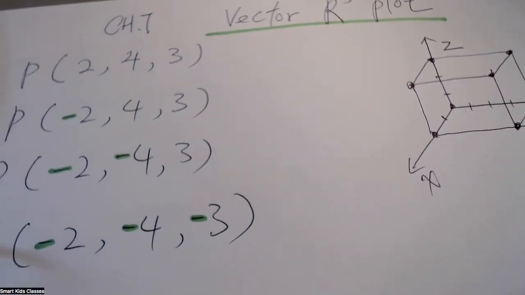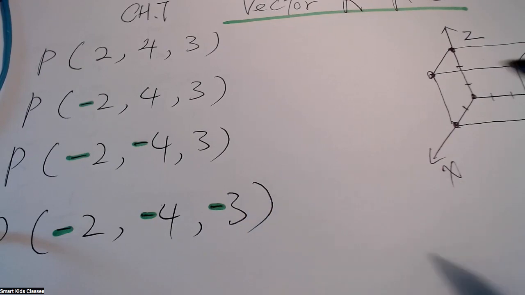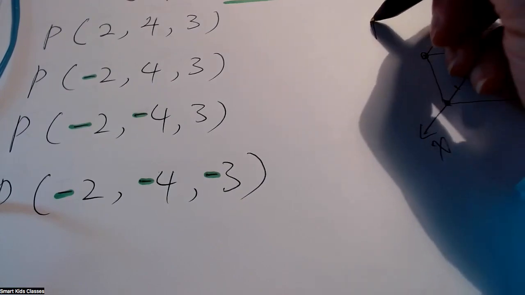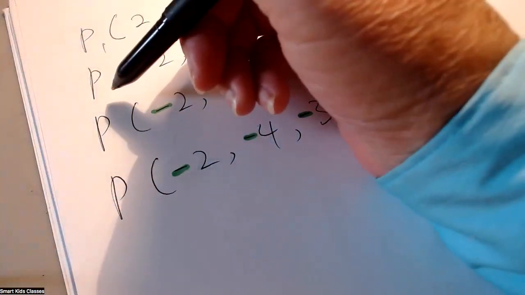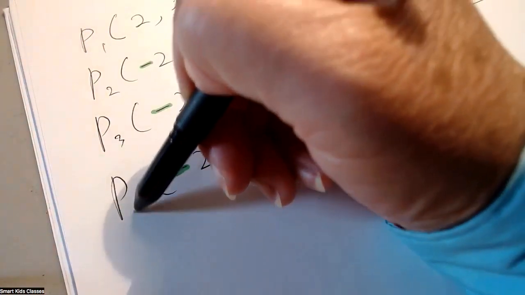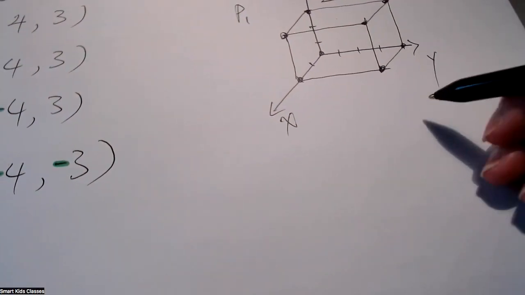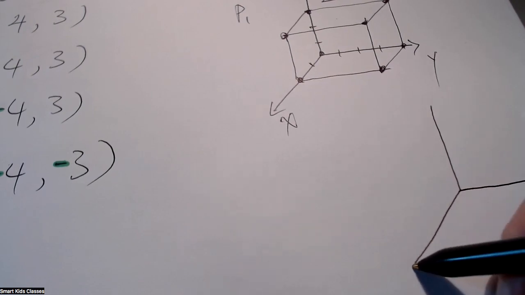Now, the next one we're going to plot is negative x, 4, and 3. I'm going to write this as P1. I label them P1, P2, P3, and P4. So I'm going to create P2 here.